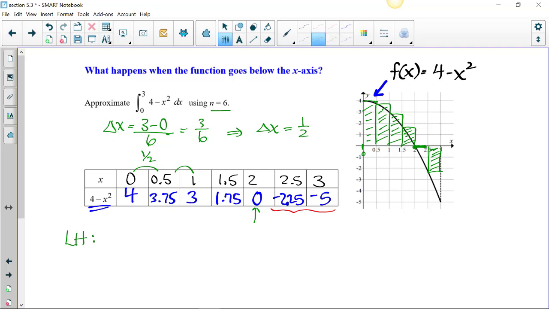Okay, so let's calculate our left-hand approximation. So the width, which would be 0.5, times the sum of the heights. So we're doing left hand, so remember we're going to start with our left values. We're going to use these first 6 values. So I'm going to add these up.